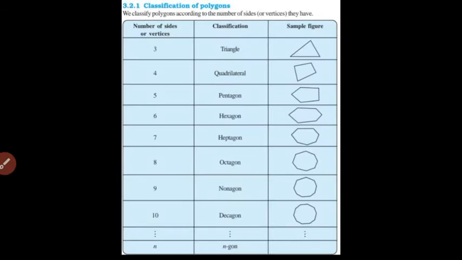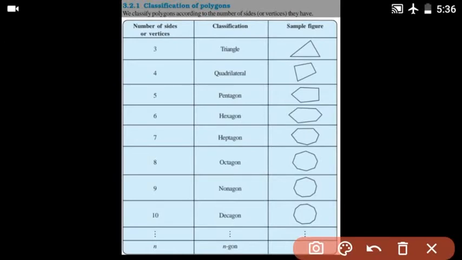Classification of polygons. In the first column we have the number of sides or vertices. The second column has the classification and the third column has sample figures. A polygon with 3 sides is called a triangle. A polygon with 4 sides is called a quadrilateral. A polygon with 5 sides is called a pentagon.